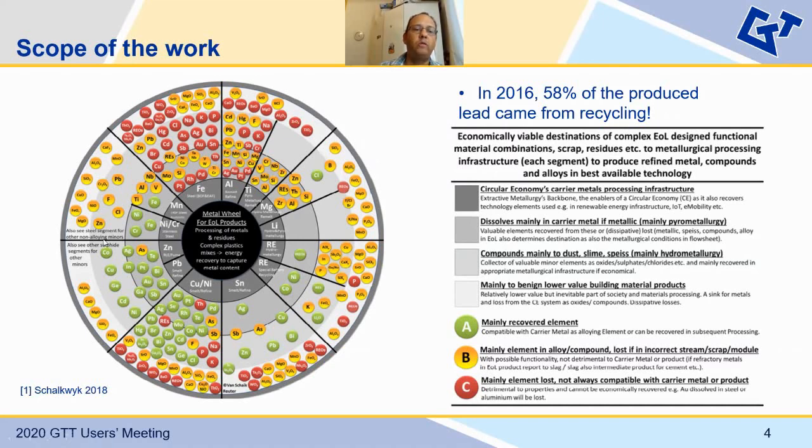So all the elements in these green circles here can be recycled in the scope of the lead metallurgy when we consider lead as the primary commodity metal.